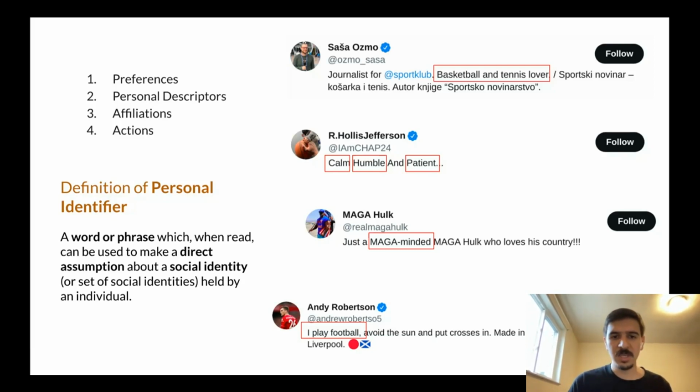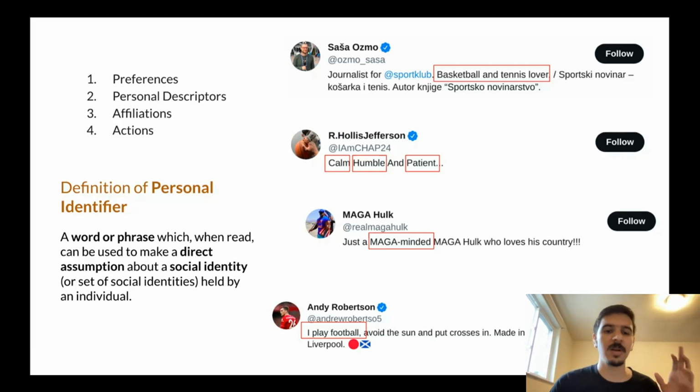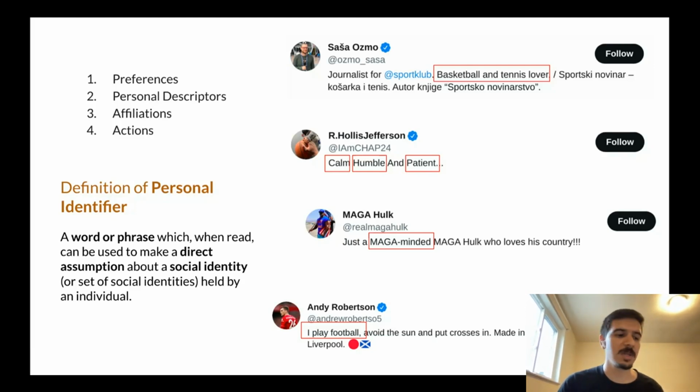And they can use actions: instead of saying they are a football player, they might say I play football. So we come up with this definition of personal identifier, which is a word or phrase which, when read, can be used to make a direct assumption about a social identity held by an individual.